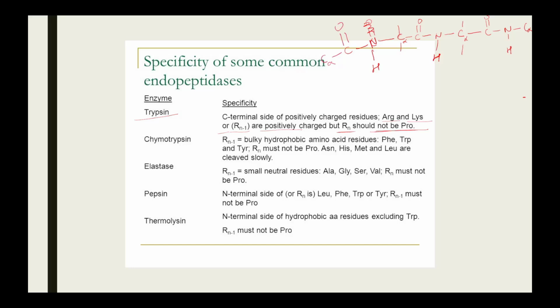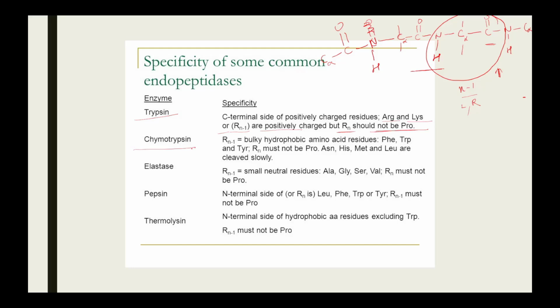Okay, so here let's see this residue. So if this is the n-1 carbon, it is saying that C terminal side of the positively charged. So here this is the C terminal side, this one, and this is the N terminal side. So here for the trypsin, the action is at the C terminal site here. Given n-1 is lysine or arginine. And next preceding should not be proline.